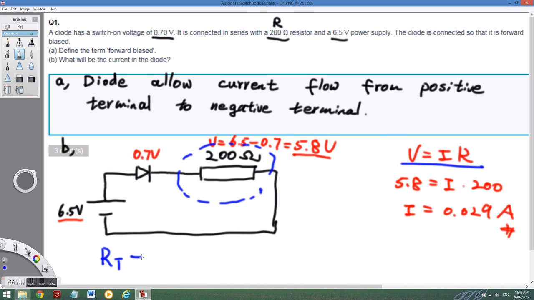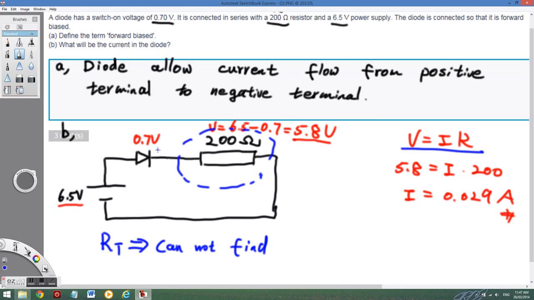So we cannot find the total resistance or the equivalent resistance in this case, because the value of the resistance of the diode is unknown. It's a non-ohmic device, so the resistance of the diode always changes.